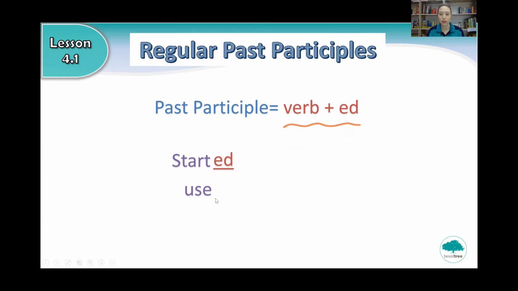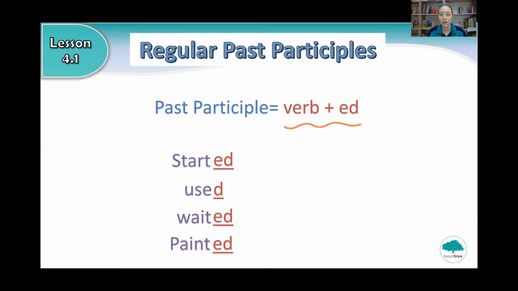So there's already an E. What do we add at the end? That's right, a D. Used. Very good. Used. And what about wait? What do we add to the end of wait? Waited. And paint? Painted. Can you say painted?